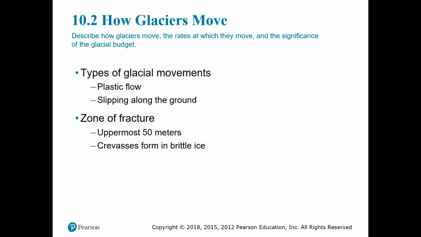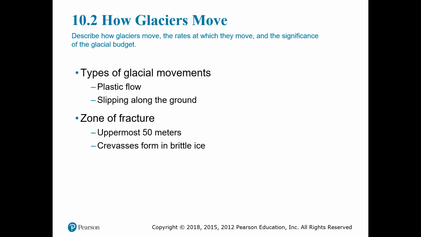If we look at plastic flow, ice is going to behave as a brittle solid until the pressure on it is equivalent to the weight of about 50 meters, which is 165 feet of ice. So it stays as a solid and it doesn't move. But once it gets that much pressure on it, ice starts to behave as a plastic material and begins to flow. This occurs due to the molecular structure of ice.